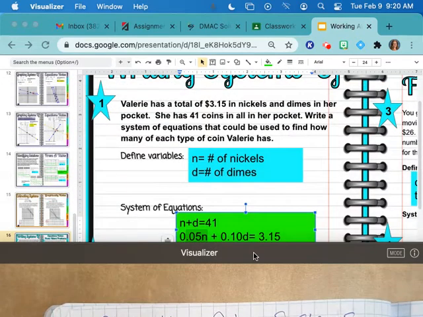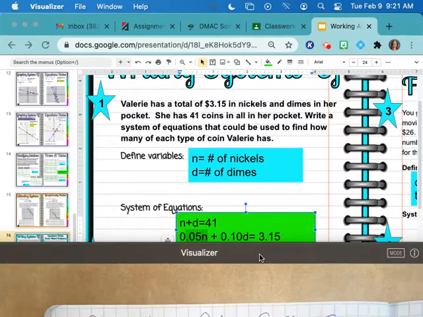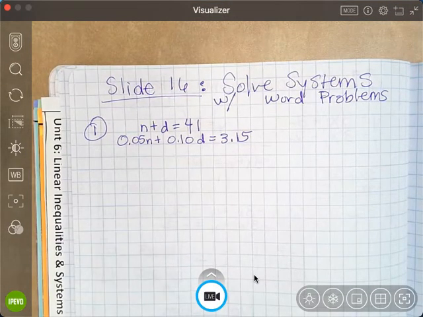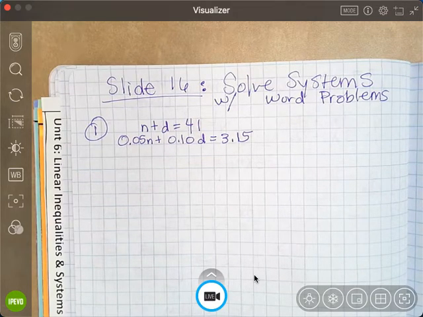All right, so let's write down the system. So it's N plus D equals 41, and 0.05 N plus 0.10 D equals 315. So once we have the system, we can write our matrix and then use our calculator to solve it.